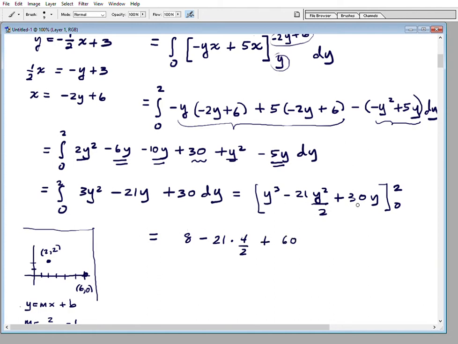And substitute in 0, we get 0. So we have 8, and then we have minus 42 plus 60. So that's 8 plus 18, so we have 26. And that's our volume.